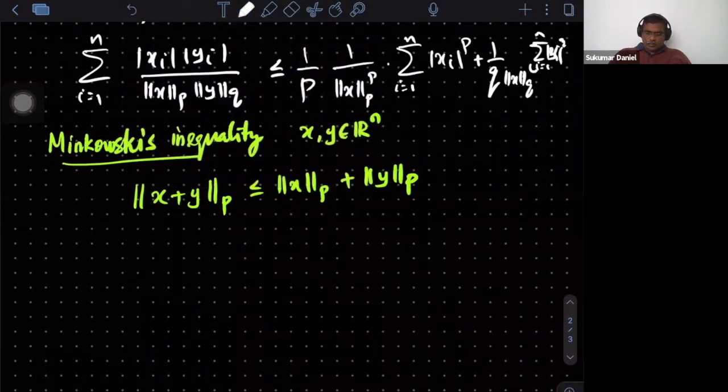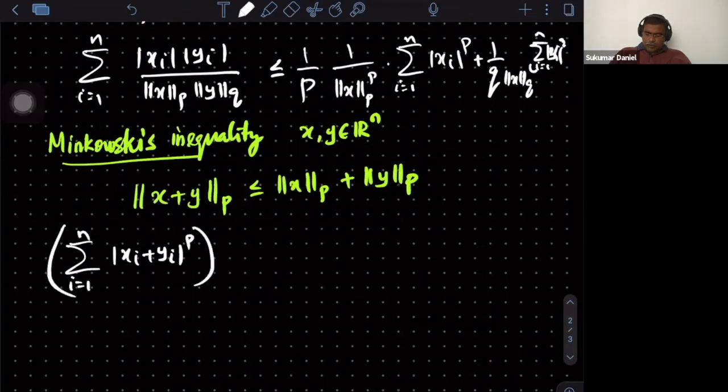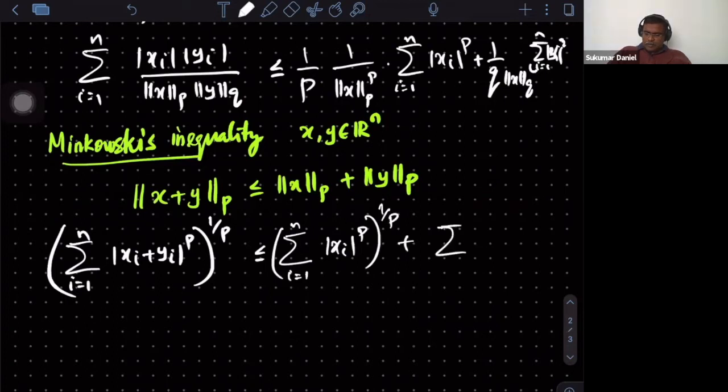Which means what we need to prove is that the summation of |xi plus yi| power p, whole power 1 by p, is less than or equal to the summation of |xi| power p, whole power 1 by p, plus the summation of |yi| power p, whole power 1 by p. So this is what the inequality actually says.